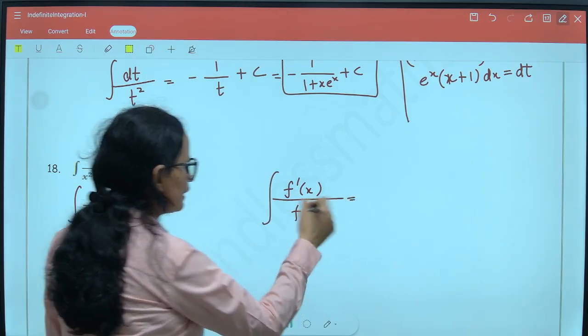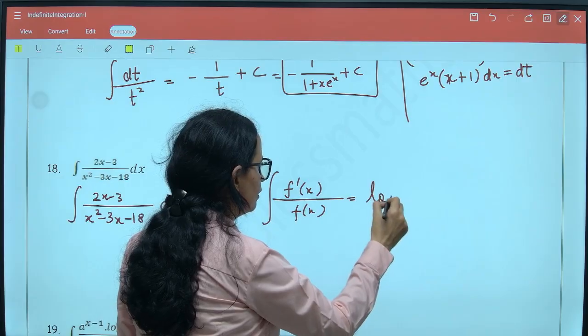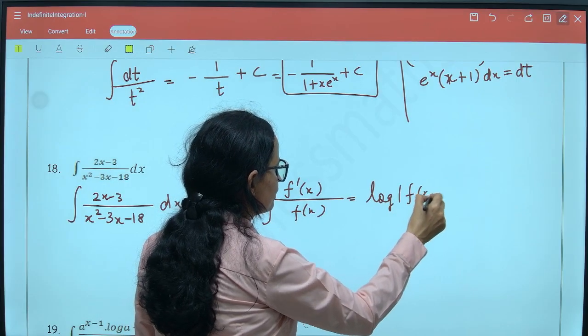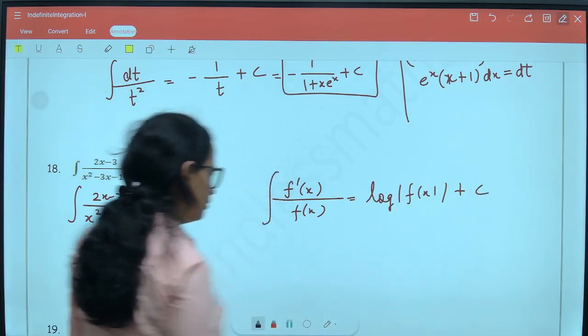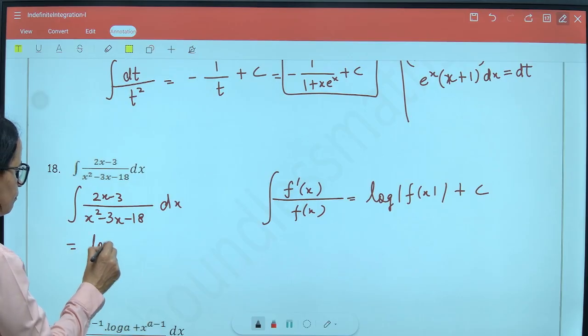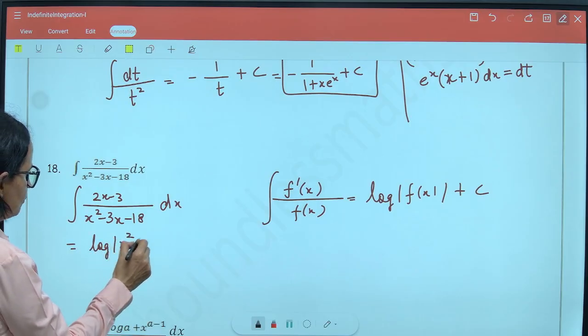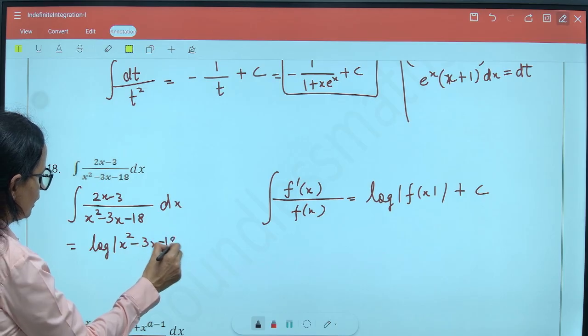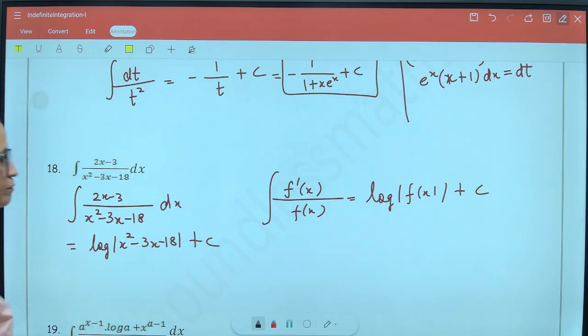So the integral of this is log of f(x) plus c, right? So you can directly write this as log of x square minus 3x minus 18 plus c.